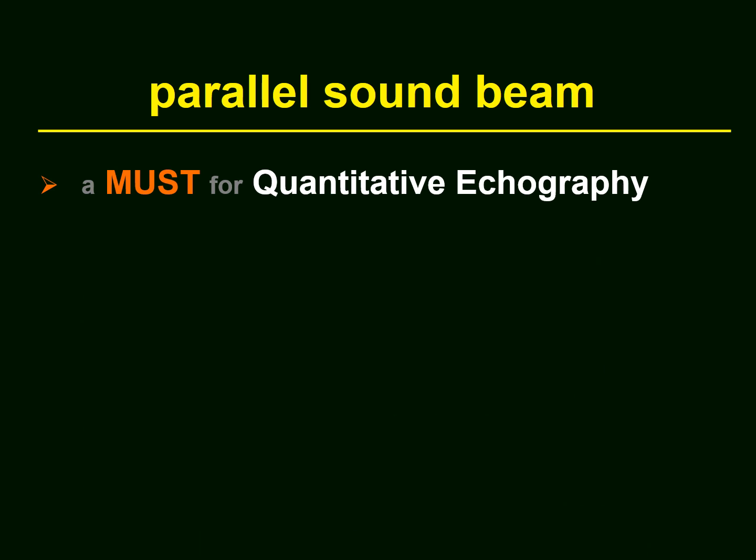A parallel sound beam is a must for quantitative echography. Otherwise, the distance of a reflecting echo source would have to be calculated in evaluating the intensity of the echo signal. With a parallel beam, that is not necessary.